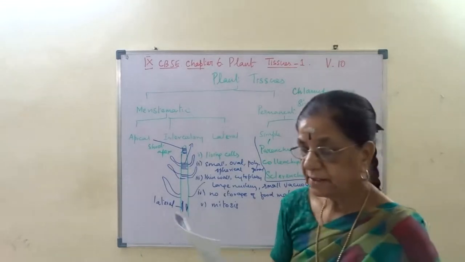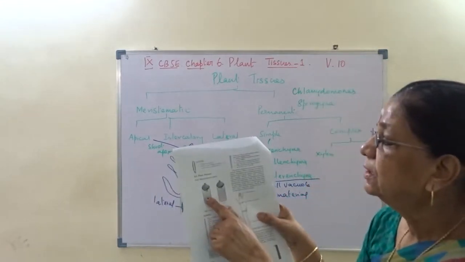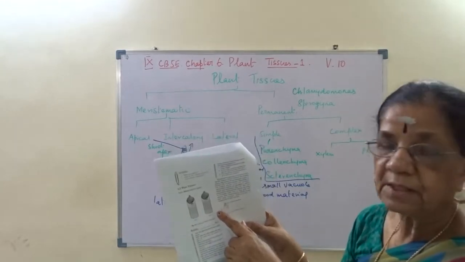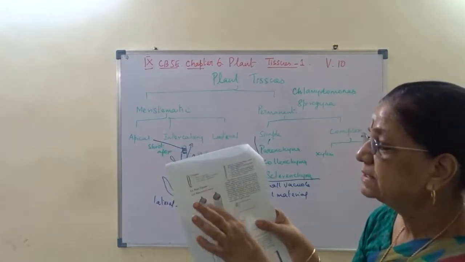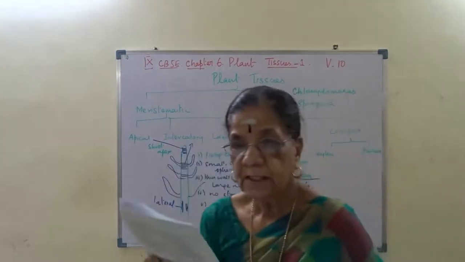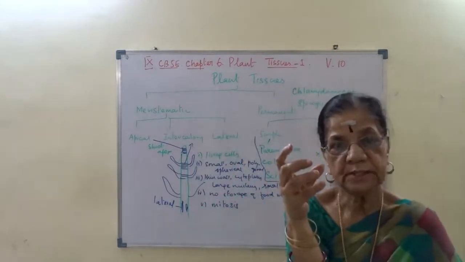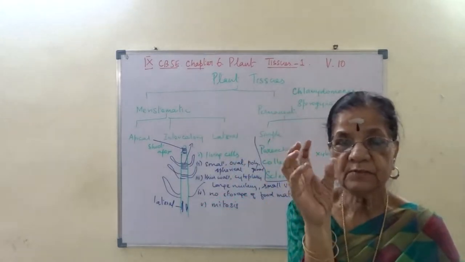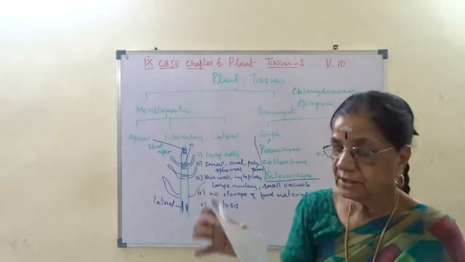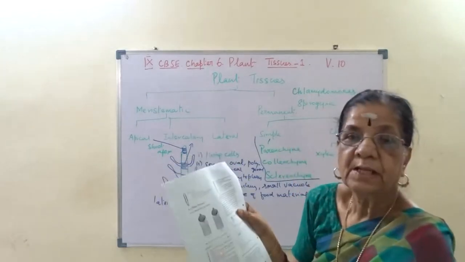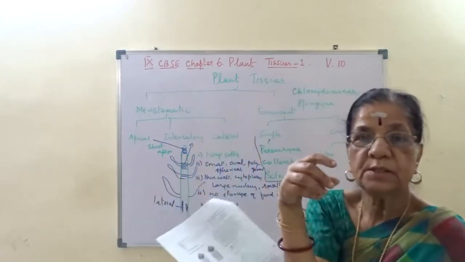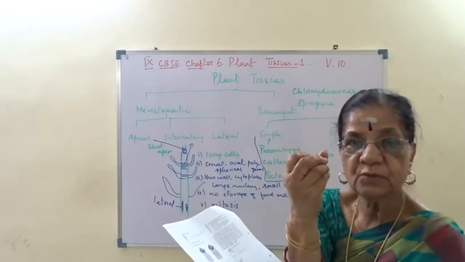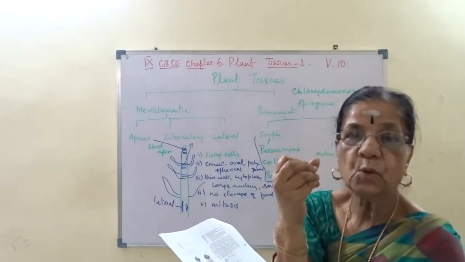Okay, and in our textbook an experiment is given. Take a glass tumbler with water, and take a small onion with roots like this, and keep it in water so that the roots are in touch with the water.